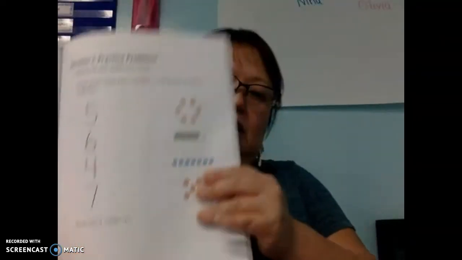So for math today, we moved on to the practice problems in section C in your workbook. That is pages 109, 110, 111, and 112. We didn't do the problems in 113. So I will go over them with you.